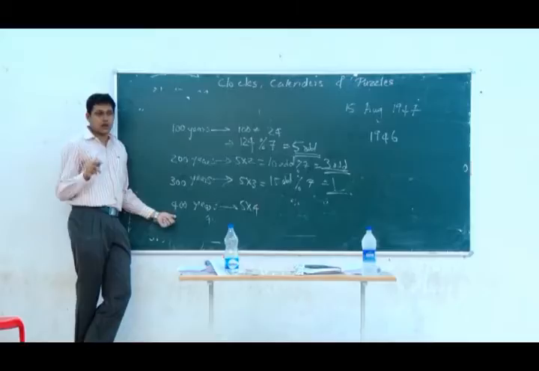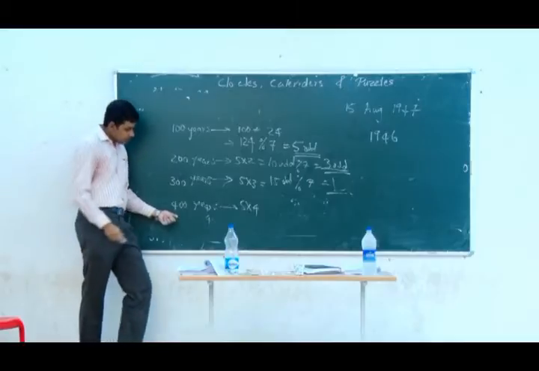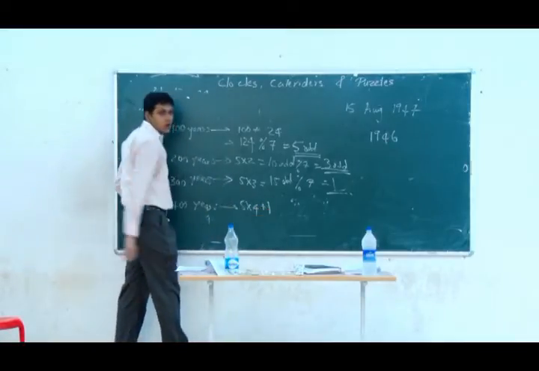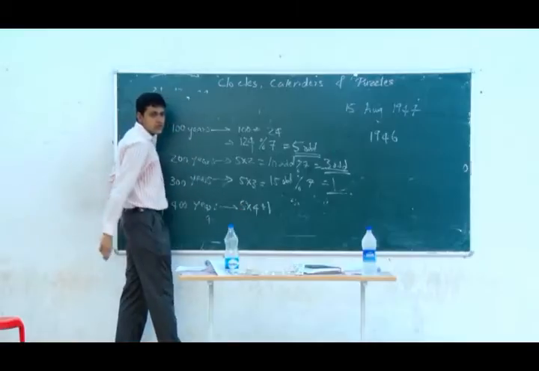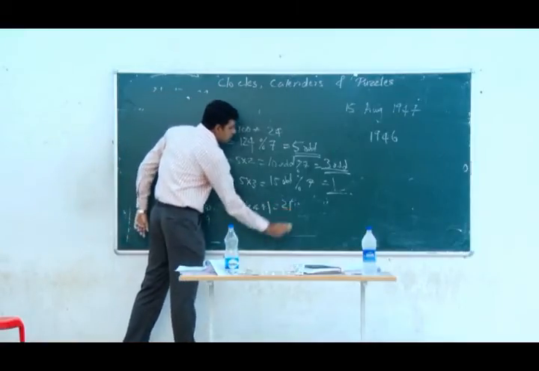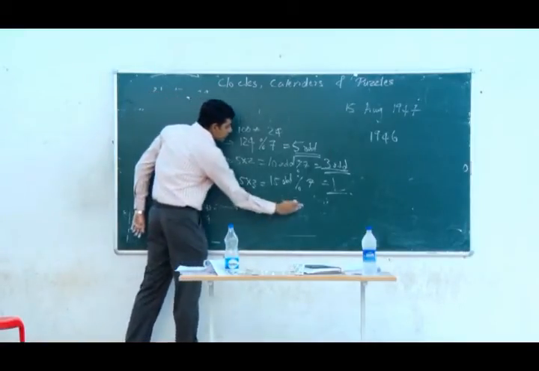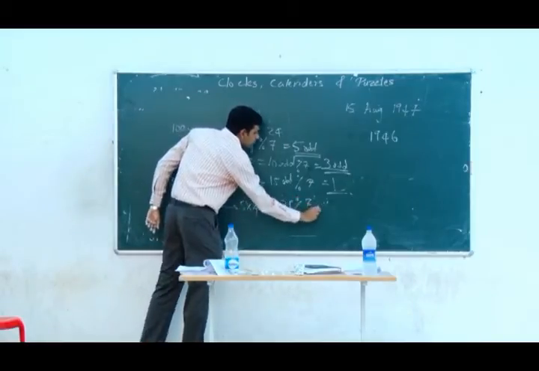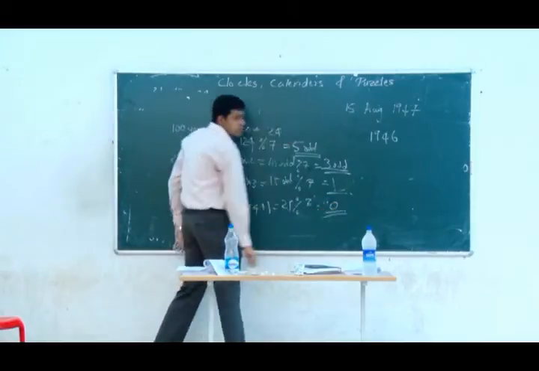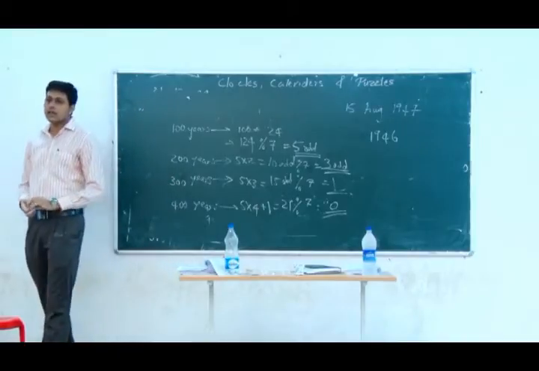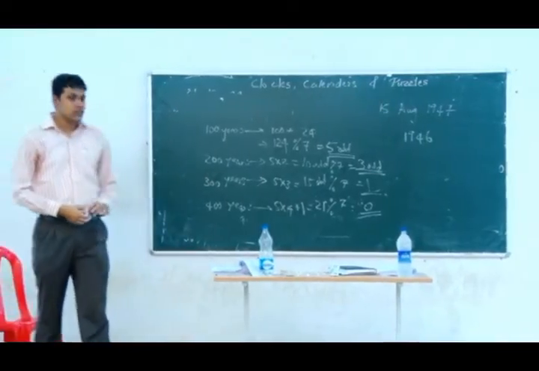We only remove that one day for the 100th, 200th and 300th years. The 400th year is still a leap year, so we add 1. So 5 into 4 is 20, plus 1 is 21. 21 divided by 7 has remainder 0, because 21 is perfectly divisible by 7.